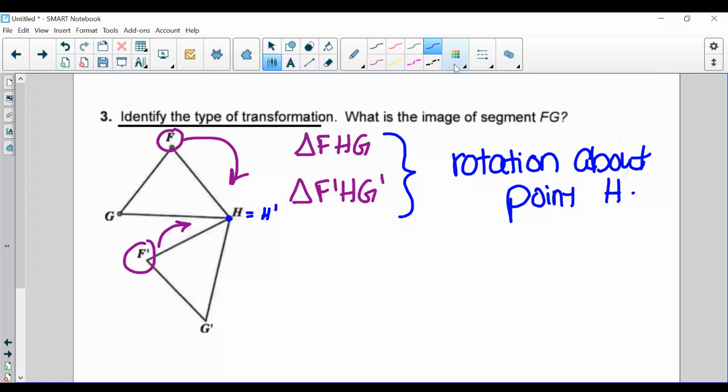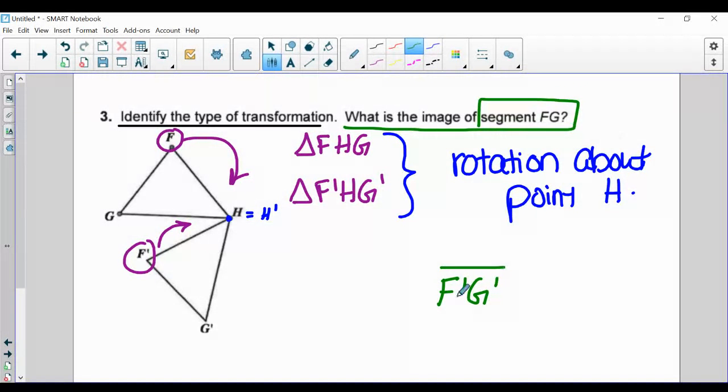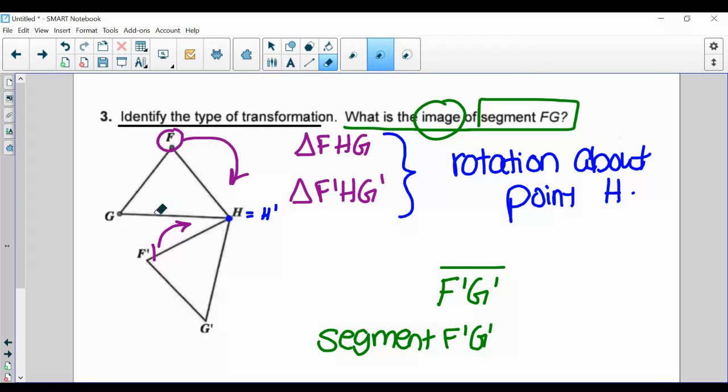And we are asked for the second question. It says, what is the image of segment FG? Now you simply cannot just write F prime, G prime. You want to either put a segment on top or write the word segment F prime G prime. So remember, the image is the figure after the transformation.